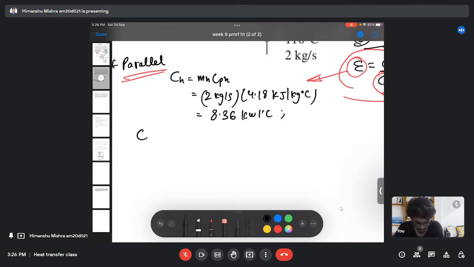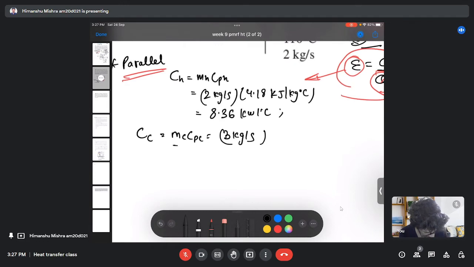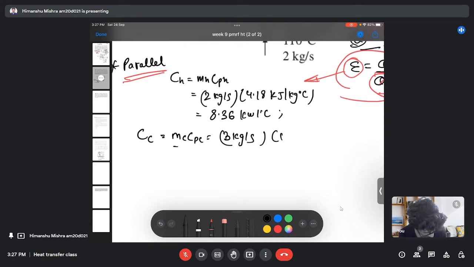Similarly, for the heat capacity for the cold fluid, with the mass flow rate for the cold fluid and the specific heat of 1.8, on solving this, I will get the heat capacity for the cold fluid as 5.4.